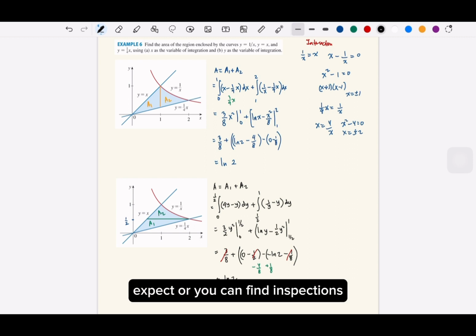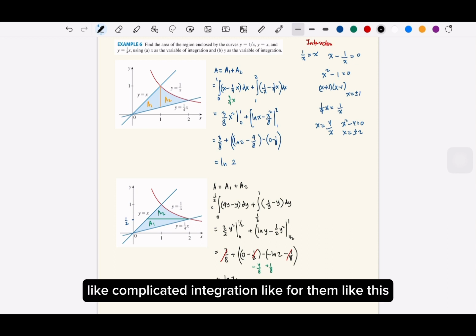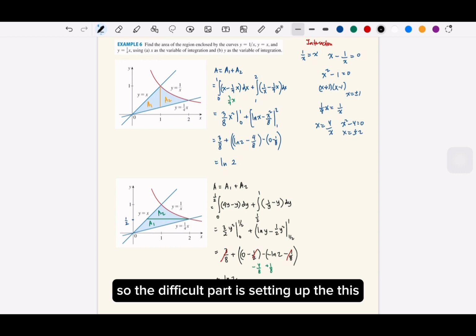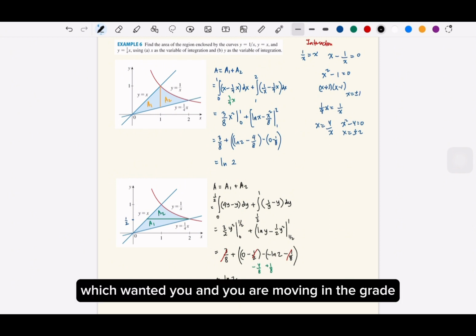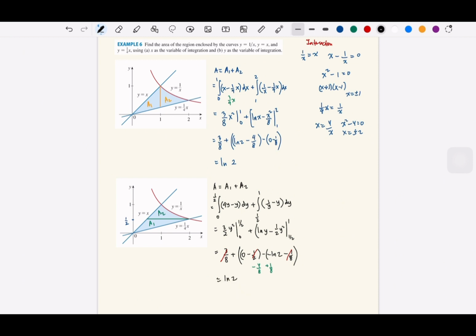You can sketch, or you can find the intersections and start from there, and then do the integration. And the integration will not be that complicated. Like for example, like this, it's supposed to be not really much calculation, right? So the difficult part is setting up which one that you are going to integrate. Okay? What is the interval?